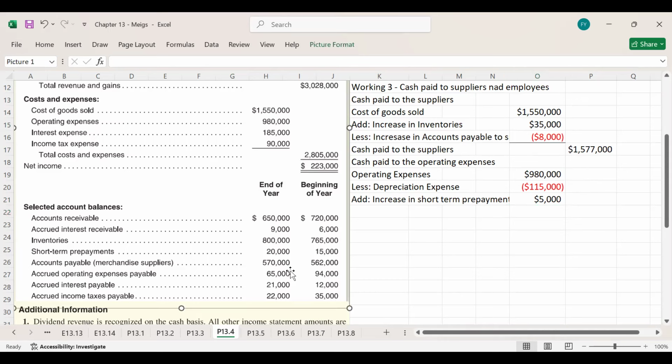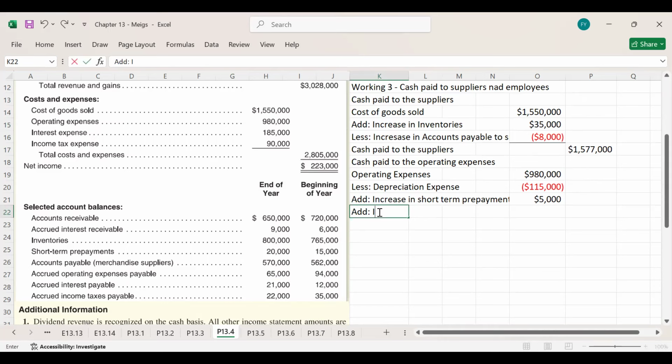If there's a decrease in accrued operating expenses payable, it means the company had paid a portion of previously accrued expenses payable. So in order to calculate actual cash paid, we add any decrease in it. As there's a decrease, we are going to add it.